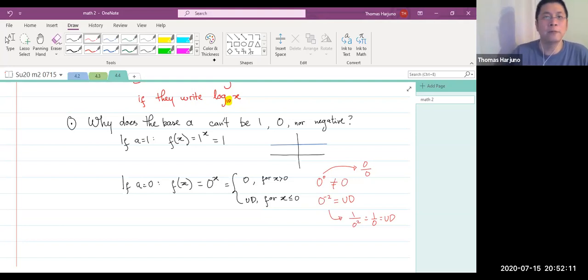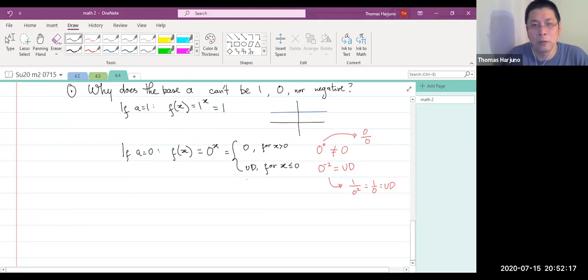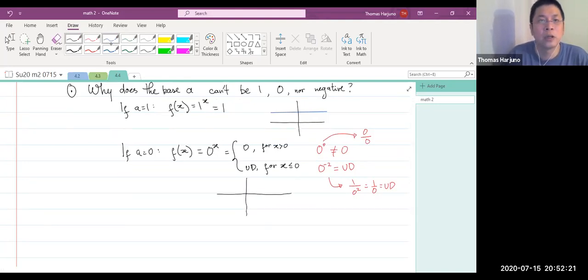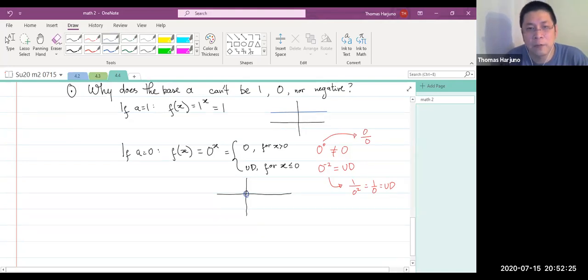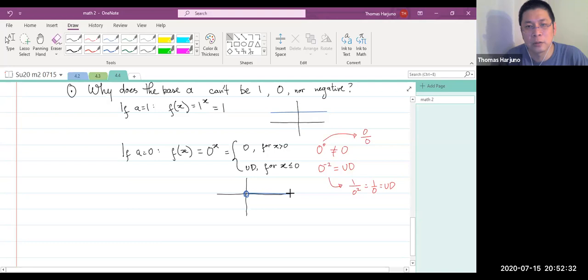So if we graph 0 to the x, we see that it is also not fun because it looks like this. It's undefined on the negative and 0, and then suddenly it is well defined on the positive side. So this is what the graph looks like.